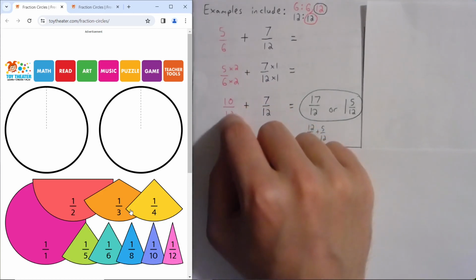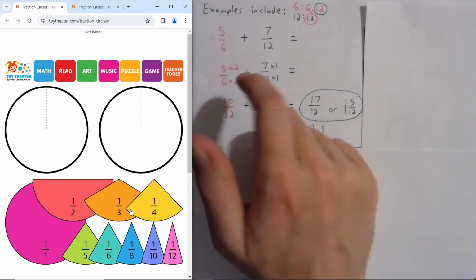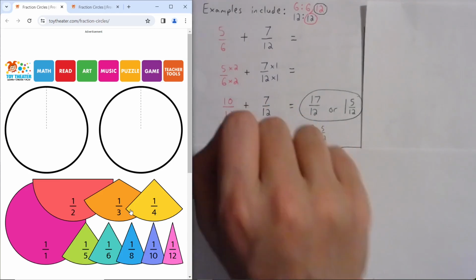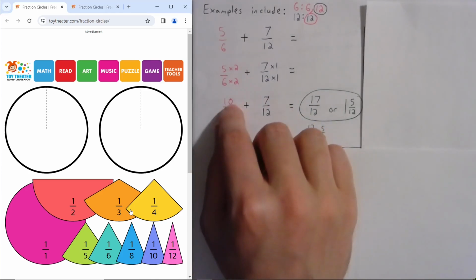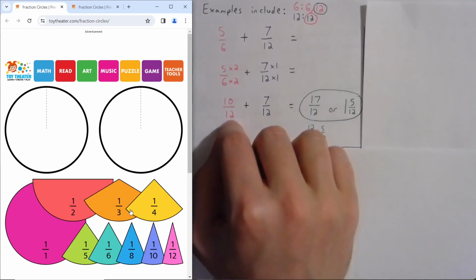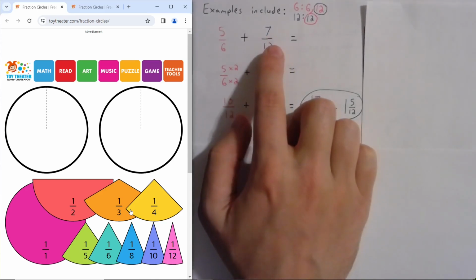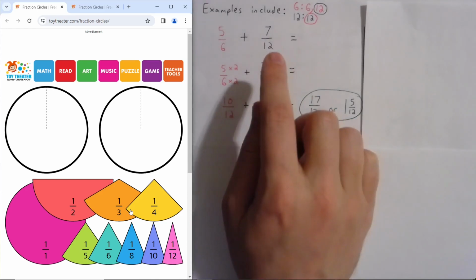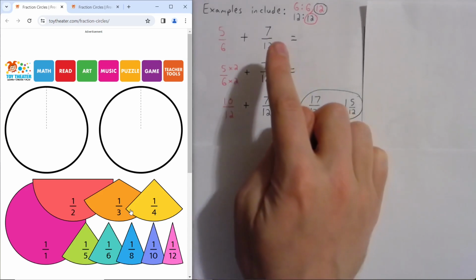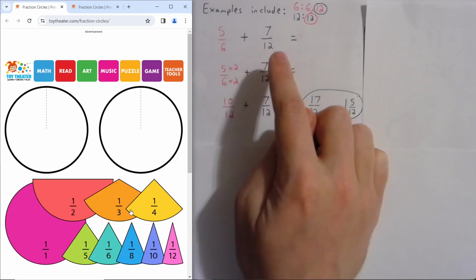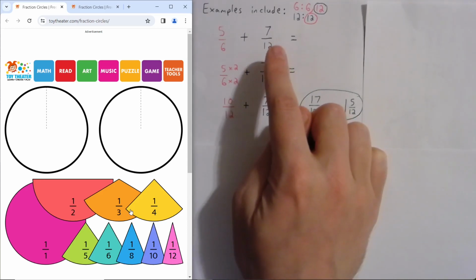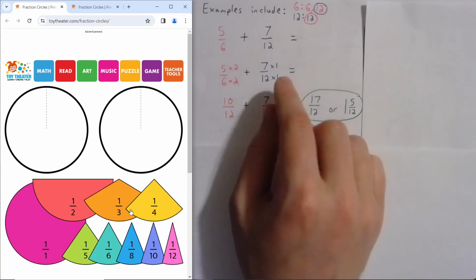So to get this denominator of 12, I do 6 times 2, and then I do the 5 times 2 as well. And so, as you see here, 5 times 2 is 10, 6 times 2 is 12. Now for 7/12, what you have there is that we've got a 7, and that's the numerator, and 12, and that's the denominator.